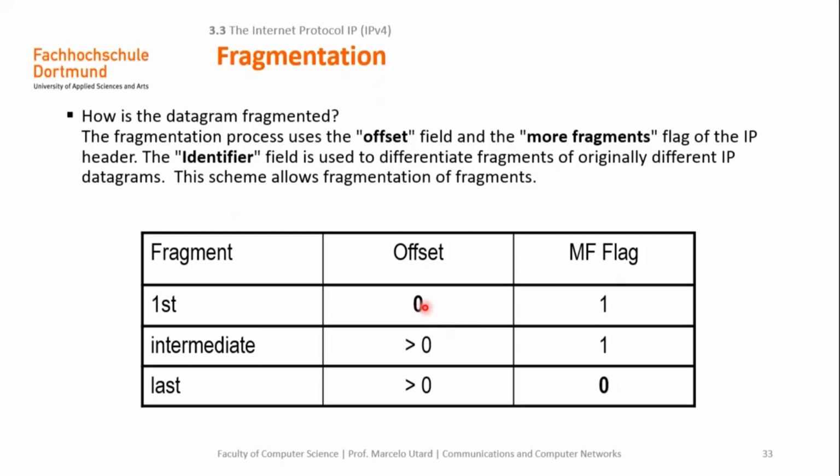If the offset is 0, that means that in fact it is the first fragment of the original datagram. If the more fragment is 0, that means that this is the last fragment of the original datagram.